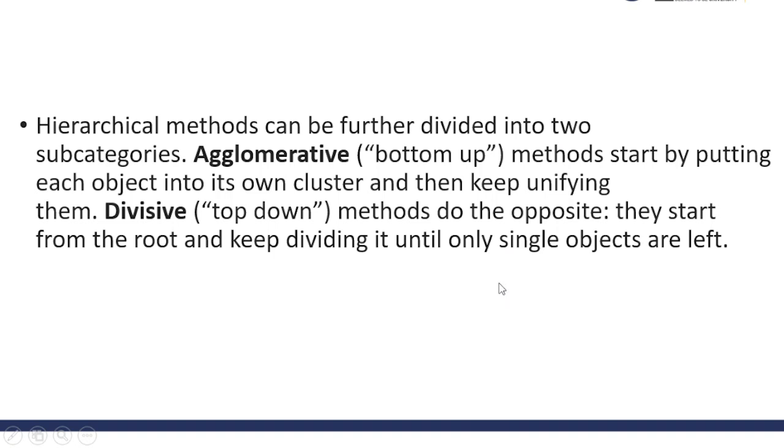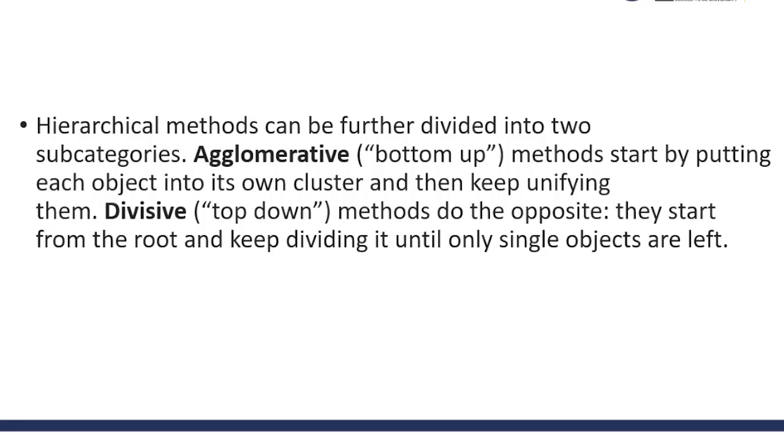The hierarchical methods can also be divided into two subcategories: agglomerative and divisive. Agglomerative methods are bottom-up methods, where each object starts in its own cluster, and then I keep unifying similar objects into various clusters.